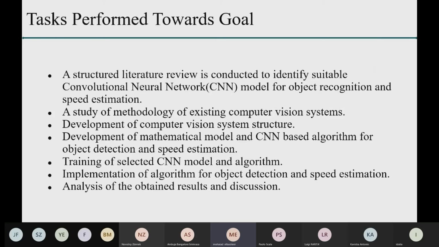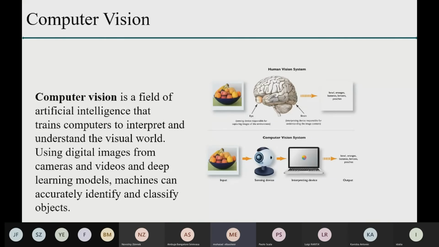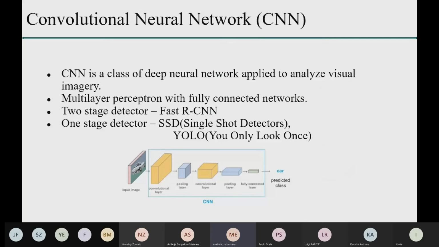There are a few tasks performed to achieve this goal, like developing a suitable system structure, developing a mathematical model and algorithm for object detection as well as speed estimation, testing the simulation and discussing the results. As we know, computer vision and neural networks are the main basis of autonomous driving. Computer vision helps computers interpret and understand the visual world, and deep neural networks analyze the visual imagery.